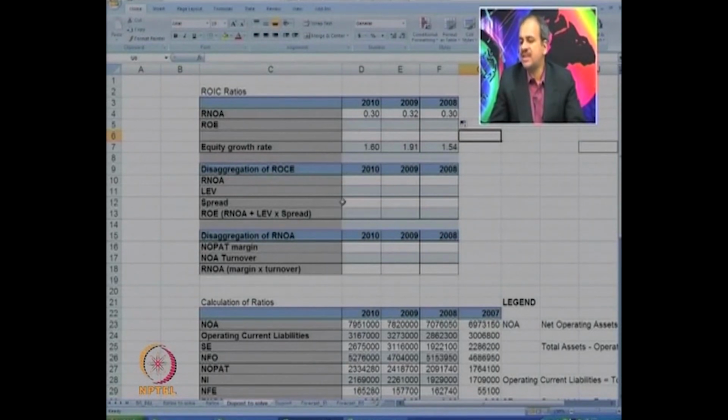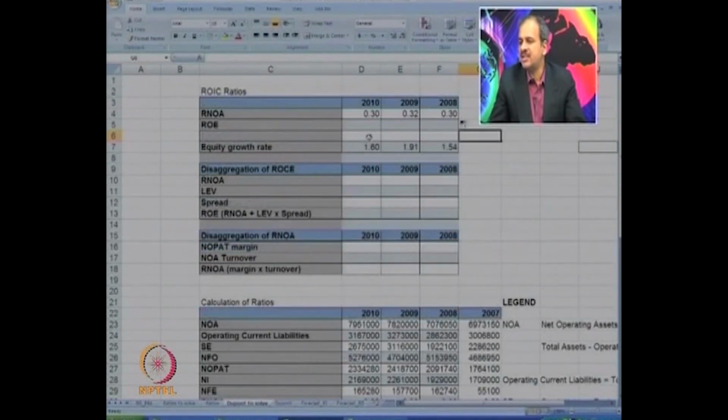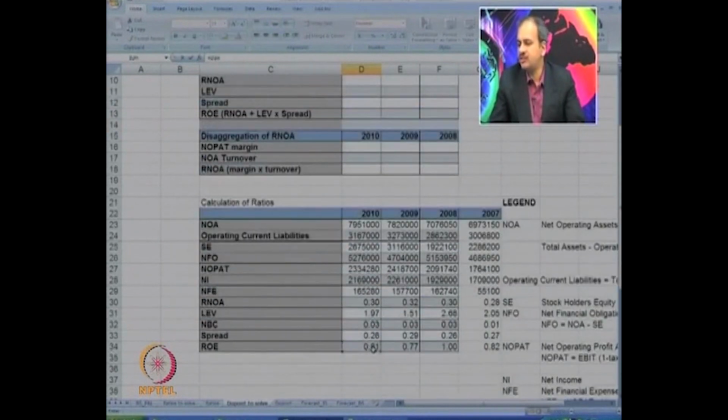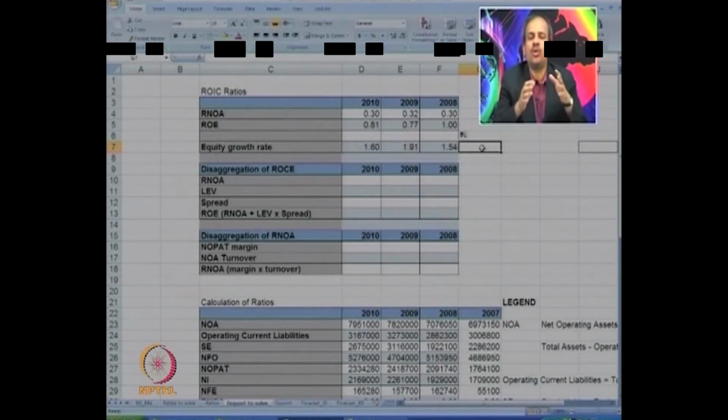Now, let us see what ROE is. ROE is again calculated by us, so we will just pick it up from the calculation. You can see that ROE is much higher, which is pretty expected, because equity owners are the residual owners.